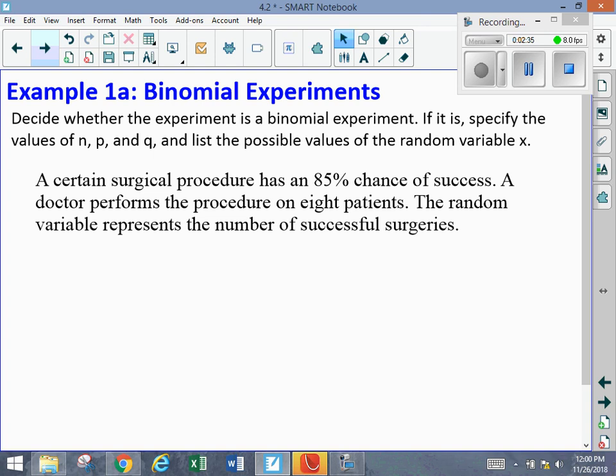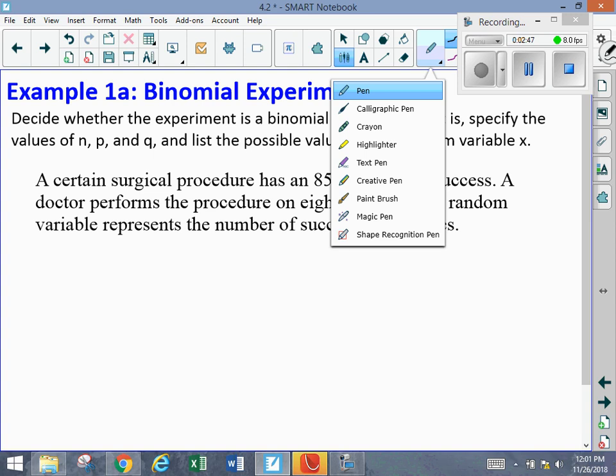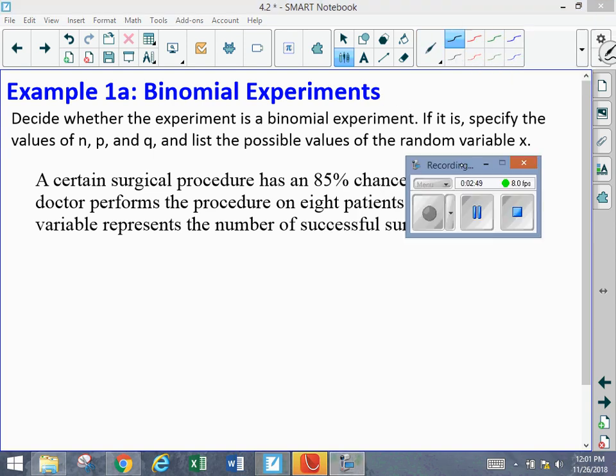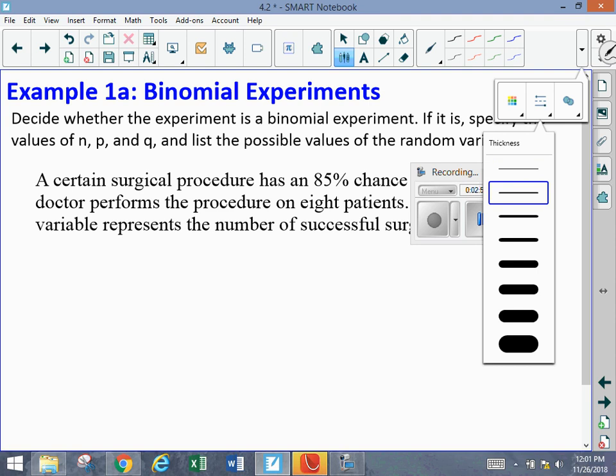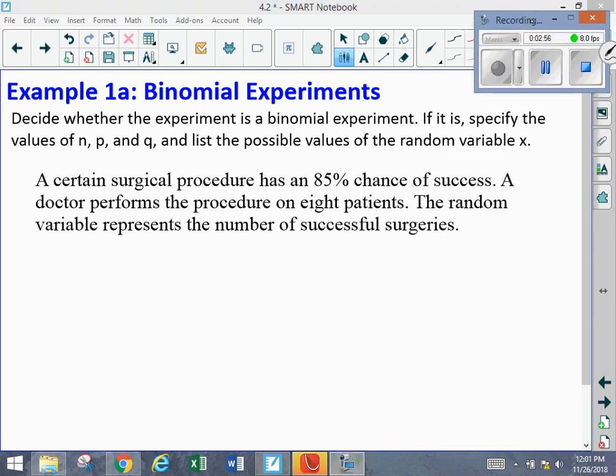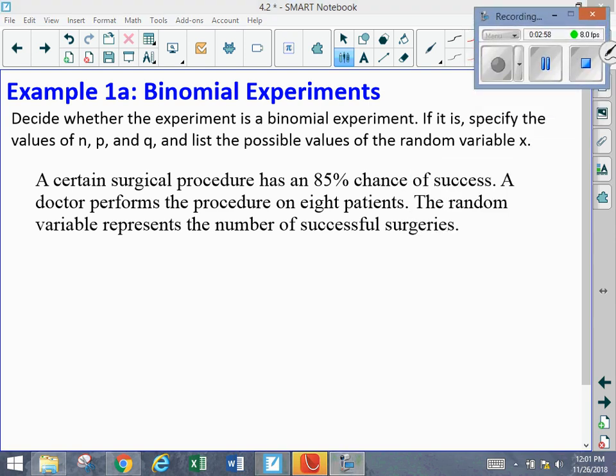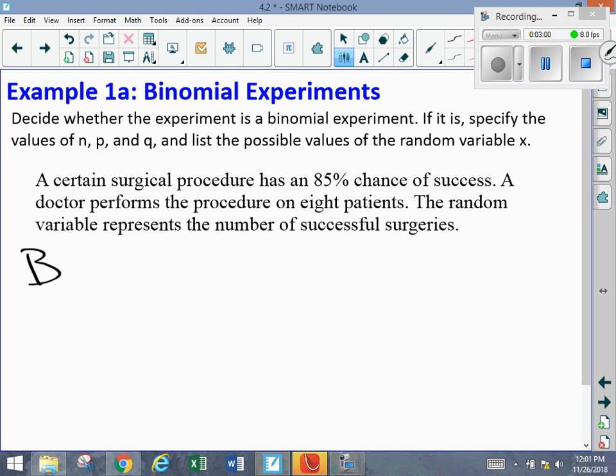So let's check to see if these things are binomial or not. Here we go. We are going to check our BINS. Is it binary, this situation here?